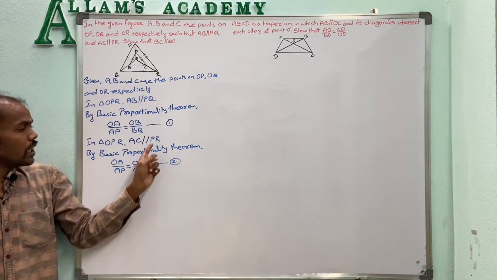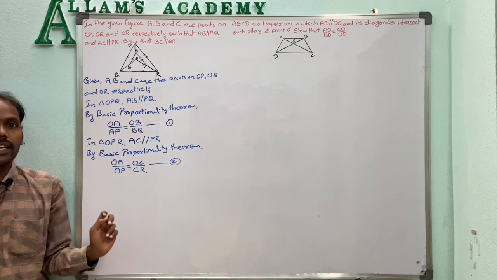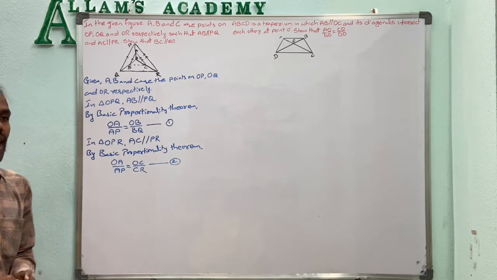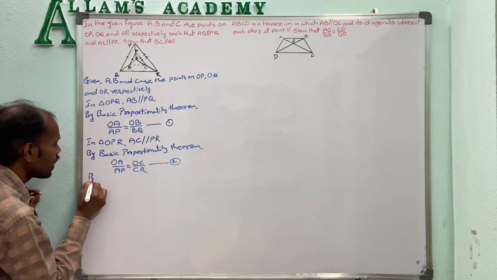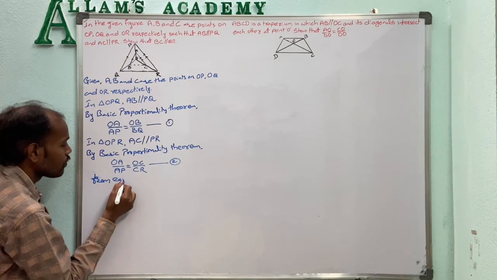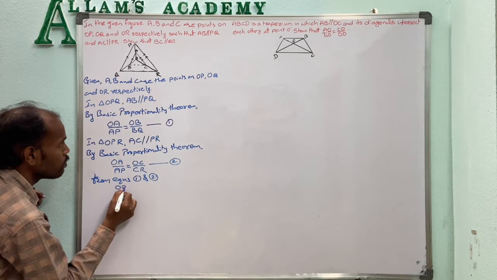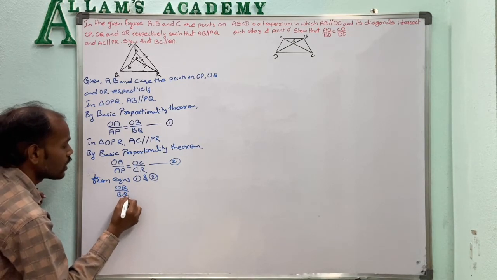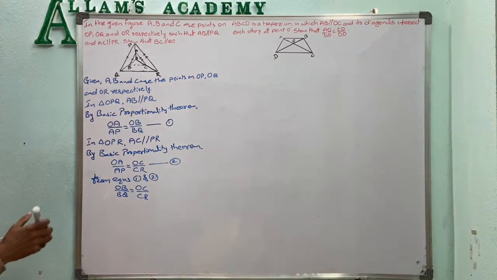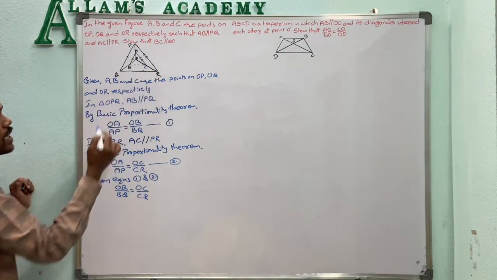Now observe in these two equations the LHS is OA by AP, that means the RHS, OB by BQ and OC by CR, are also equal. So from equations 1 and 2, we can conclude that OB by BQ equal to OC by CR.